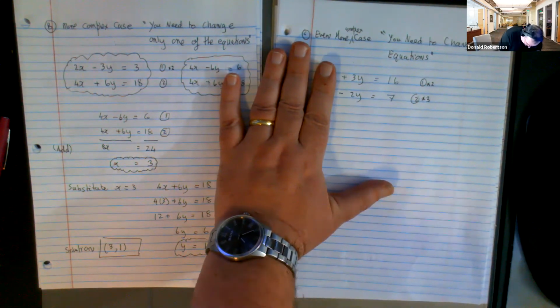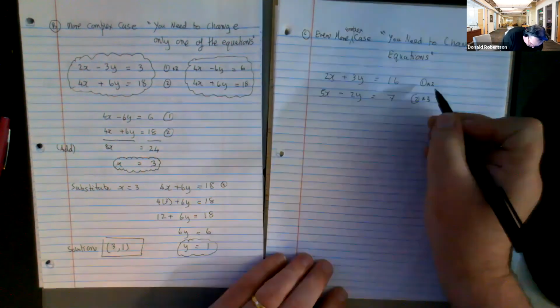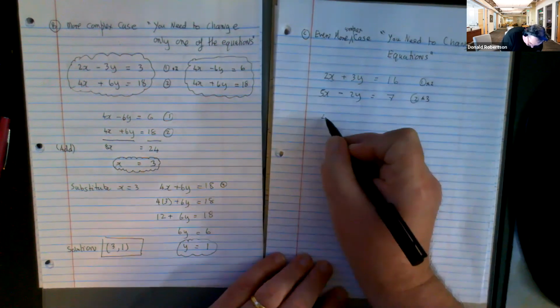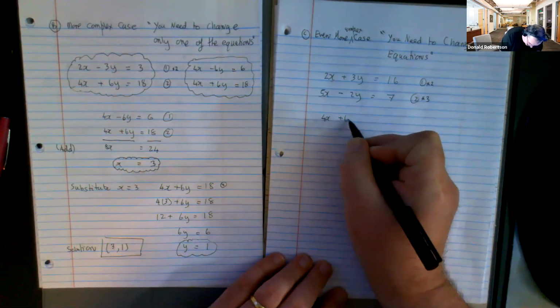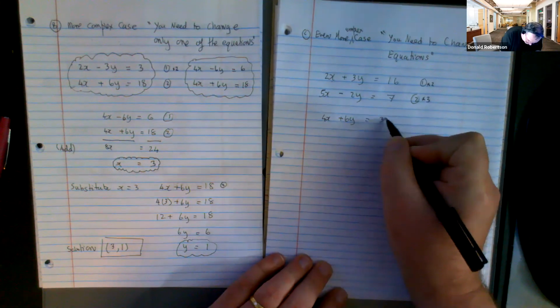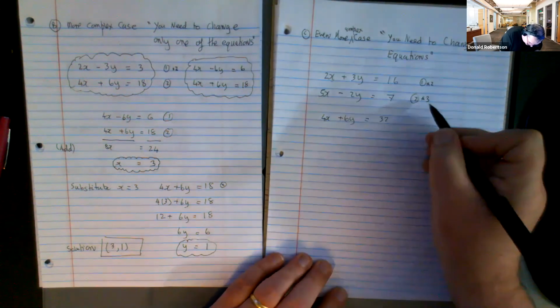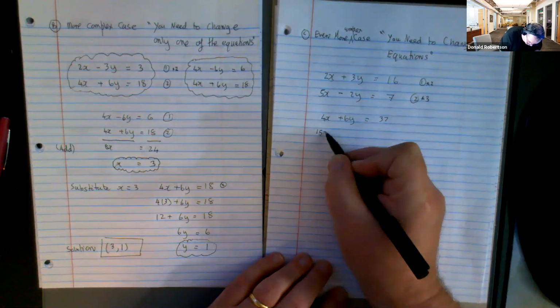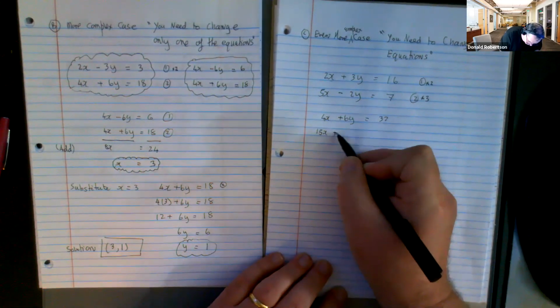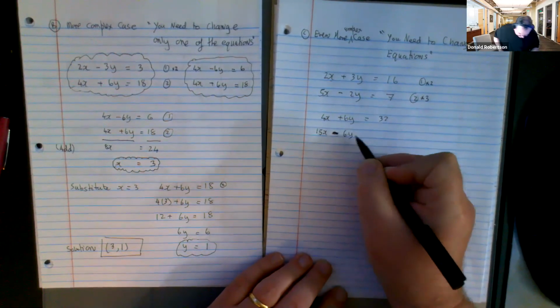Now, since I've decided to do that, I'm going to get 4x add 6y equals 32. Would you agree that's what you get if you double all these? And then if you multiply everybody here by 3, you get 15x minus 6y equals 21.